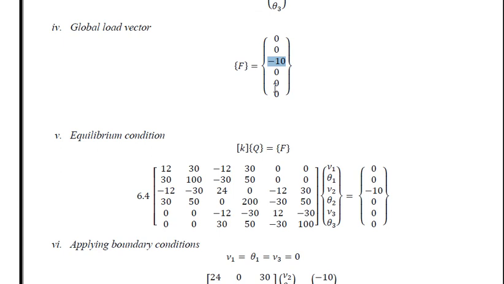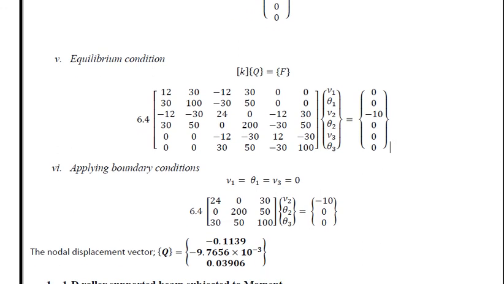So you have to maintain the same unit throughout. So only minus 10 is written. So after substituting in the equilibrium equation, this will be the equilibrium equation form. Since node 1 is fixed, eliminate the first row, second row, and first column, second column.